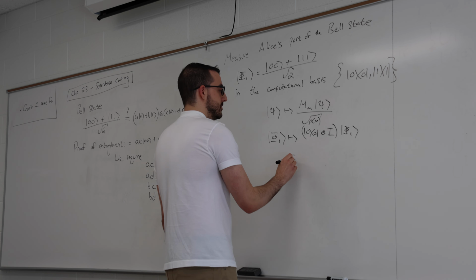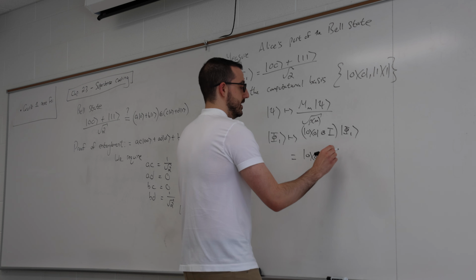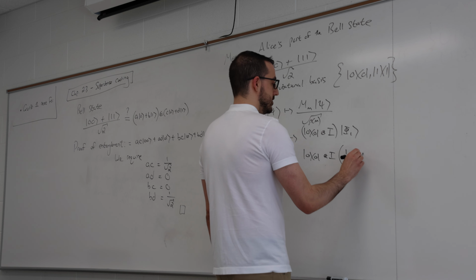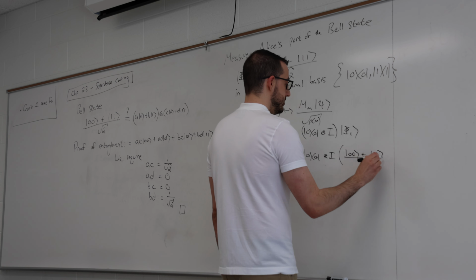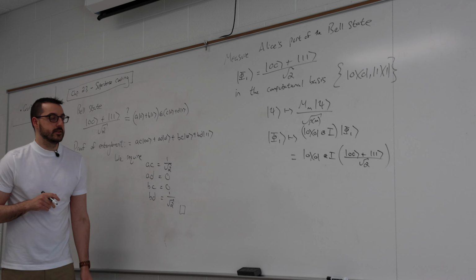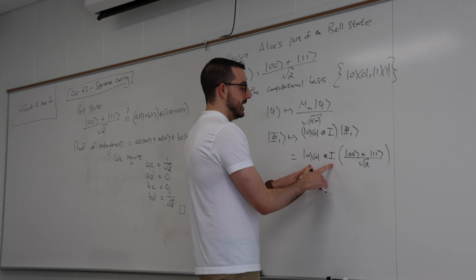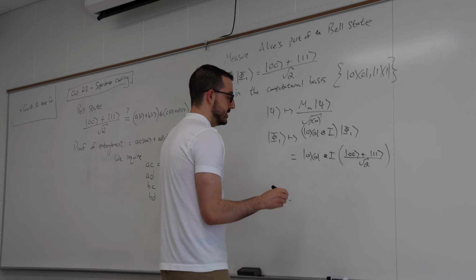So this is going to be equal to |0><0| tensor identity, and that's going to act on 0,0 plus 1,1 over the square root of 2. And now I have to apply a tensor product of operators to a tensor product state.